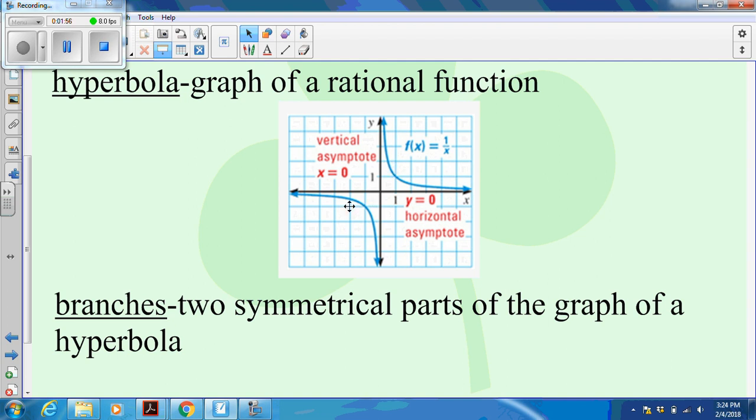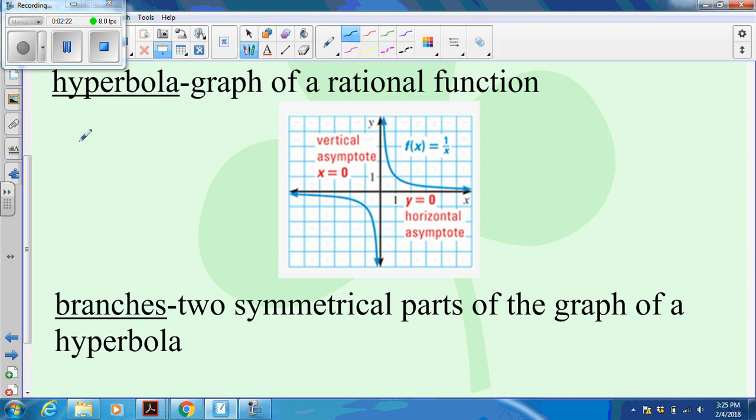So here we'll have two parts to our graph, and now instead of just having one asymptote, we're going to have two. We're going to have a vertical asymptote at x equals 0 and a horizontal asymptote at y equals 0. Now these asymptotes are only for our parent functions. Okay? Whenever we have translations, our vertical and horizontal asymptotes will also change.